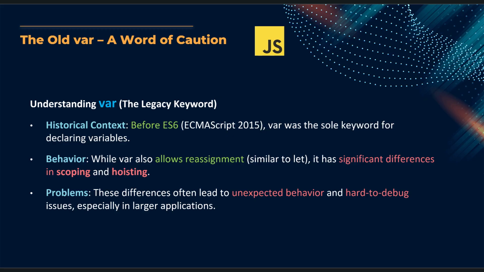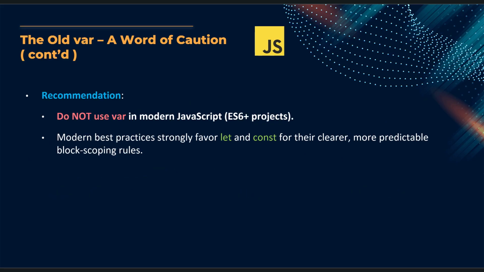These differences can often cause unexpected problems and make your code hard to debug, especially in bigger projects. So what's the recommendation? Do not use var in modern JavaScript projects. It's much better to use let and const because they have clearer rules. Knowing about var is mostly helpful if you're looking at older code or some old tutorials.